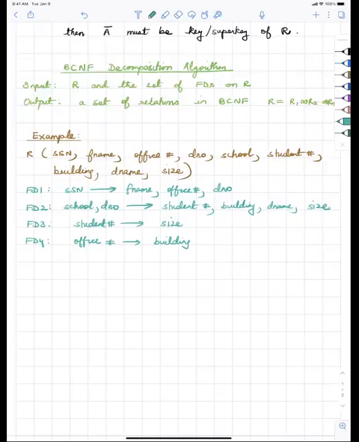So the very first step in order to determine that is to find the key for R. So that's step one: find the key of R, and you use the closure of attributes property that we did in the previous classes.